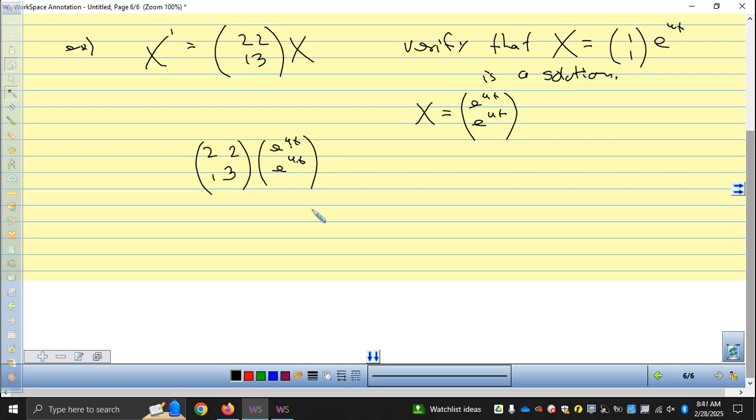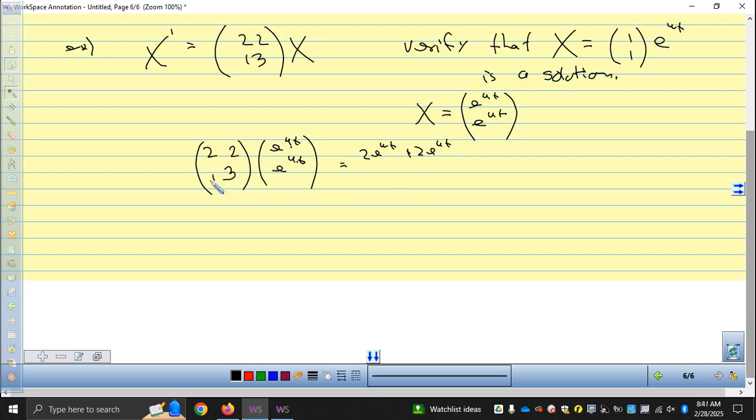It's a reminder of how we do matrix multiplication: multiply this plus that times that. Rows times columns. So this is going to be 2e to the 4t plus 2e to the 4t for the first row.